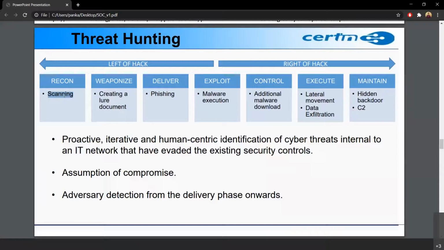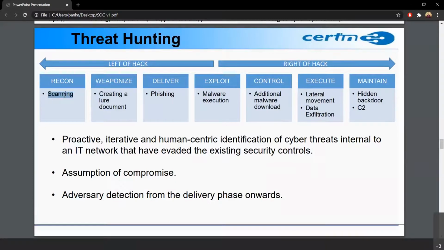So basically they find a bait so that a person clicks on it. Okay, so we do not need to click on them. So weaponizing is the creation of a lure document so that when the user clicks on it, that PDF or exe or Excel executes.